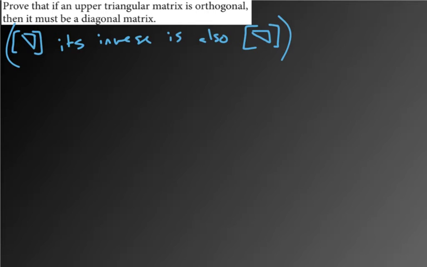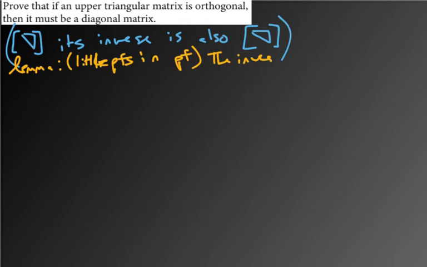Basically, in math there are these things called lemmas, which are just little proofs in a proof, all right? That's all they are. My lemma is going to be that I'm going to prove that the inverse of an upper triangular matrix is upper triangular. I'm going to do this with an induction, okay?